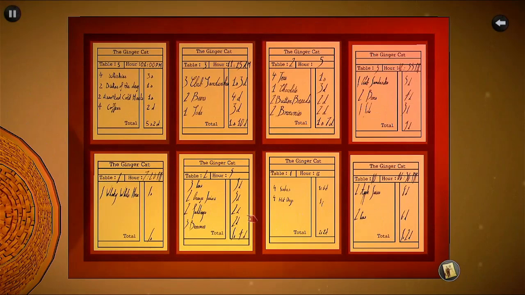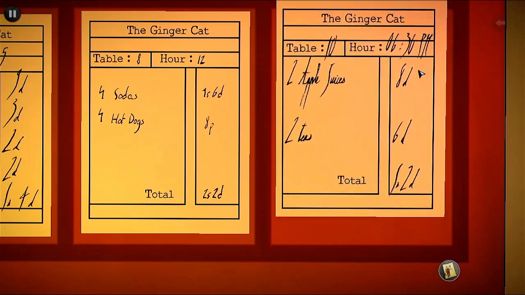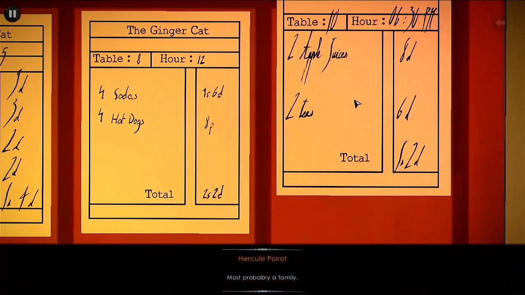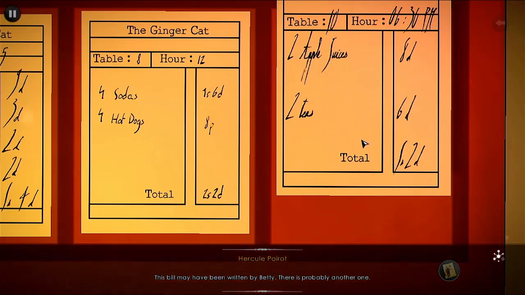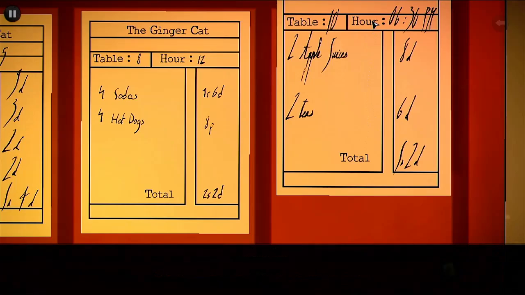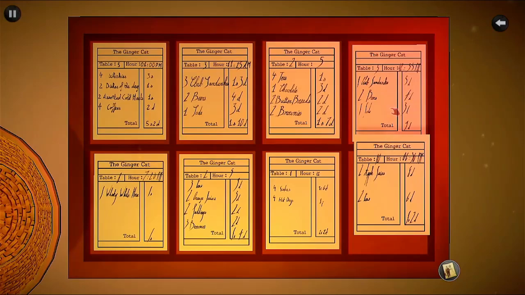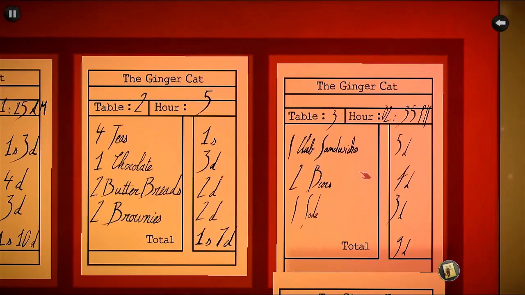I would say hour 5. Oh, so that's 6:30, so she would have been on her own there. This one. Most probably a family. This bill may have been written by Betty. There is probably another one. Okay. That looks similar to that one.